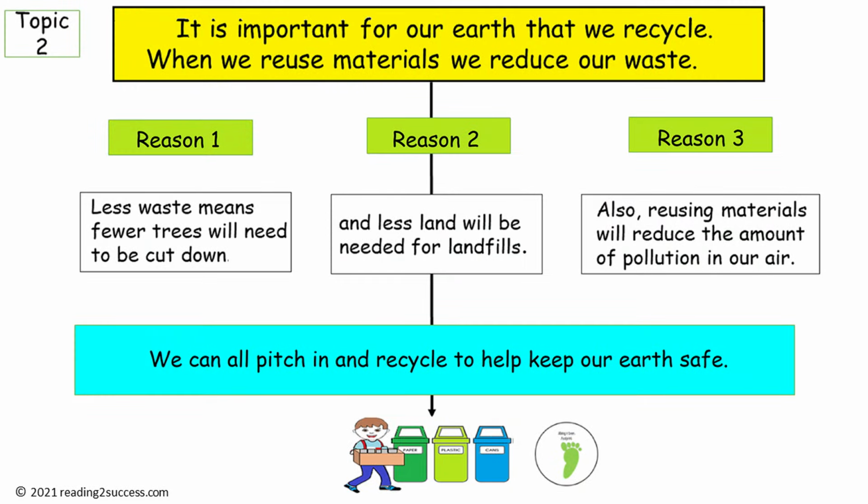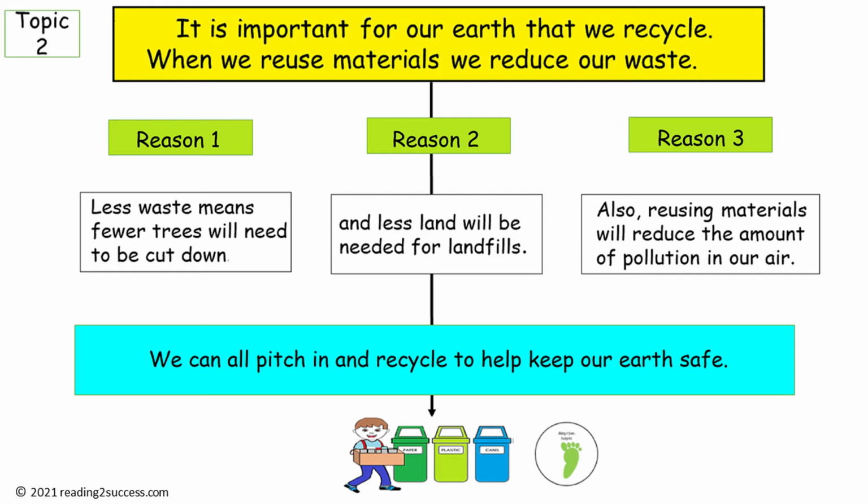Now let's look at our graphic organizer for topic 2. Our opinion statement, it is important for our earth that we recycle. When we reuse materials, we reduce our waste. Reason 1, less waste means fewer trees will need to be cut down. Reason 2, and less land will be needed for landfills. Reason 3, also reusing materials will reduce the amount of pollution in our air.